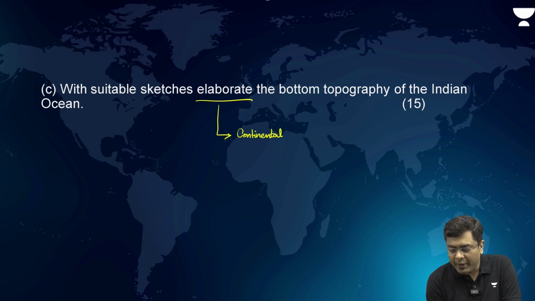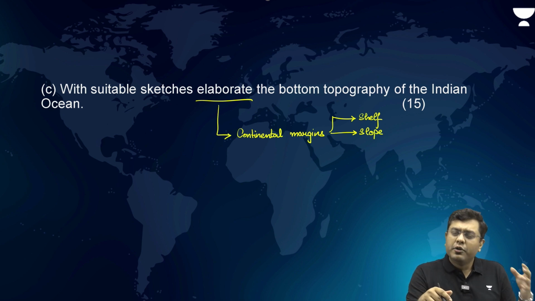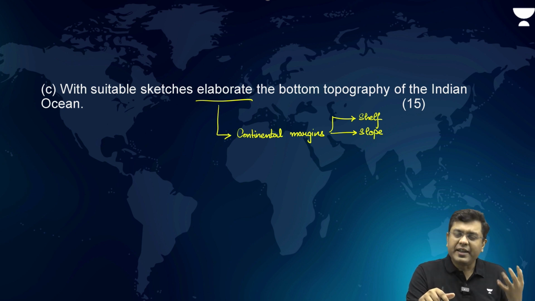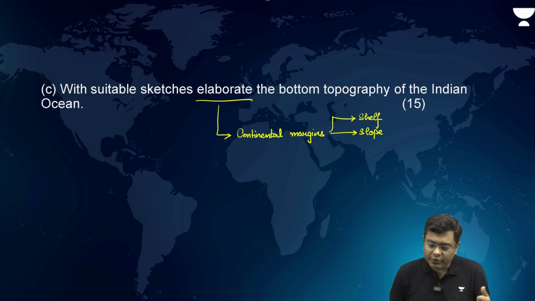When you talk about the continental margins, here further elaboration into the aspect of shelf, slope, the canyons. Here you can give the example of the submarine canyons that are present, for example, in the margins of the Indian Ocean. Even, for example, around the river Godavari, the river Ganga, and even in the case of the river Indus, you have the presence of submarine canyons, right.